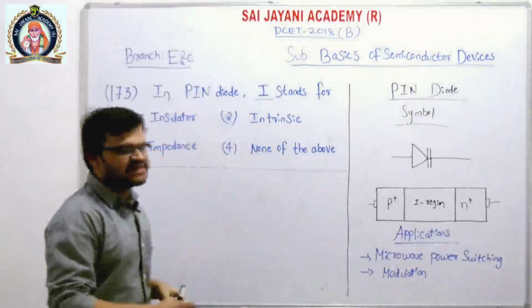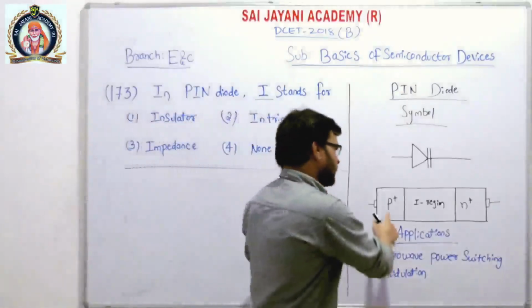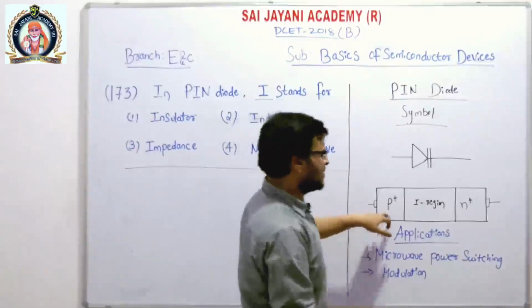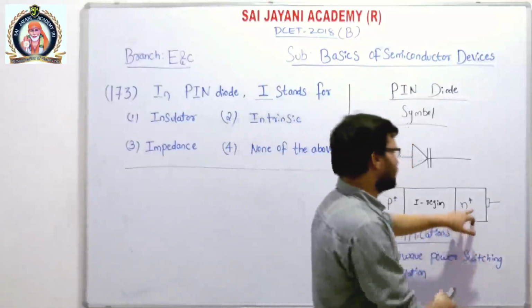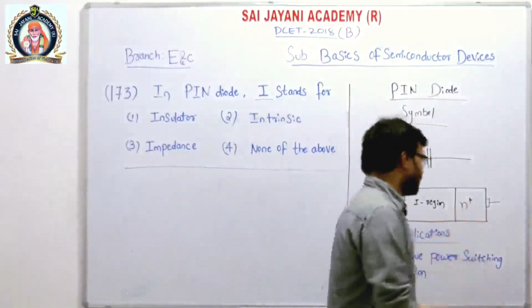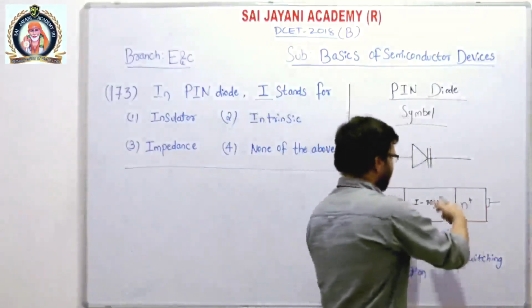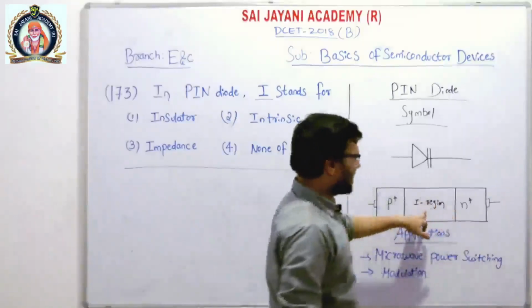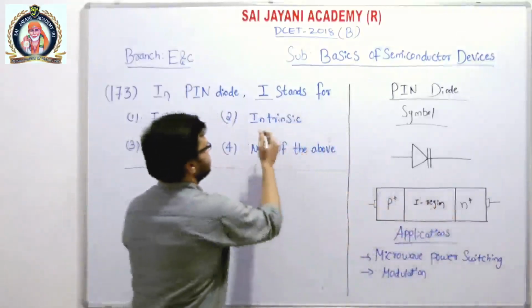A PIN diode is a type of diode where we have a heavily doped p-type region as well as a heavily doped n-type region, and in between the p-type and n-type we have an undoped region called the I region, where I represents intrinsic.